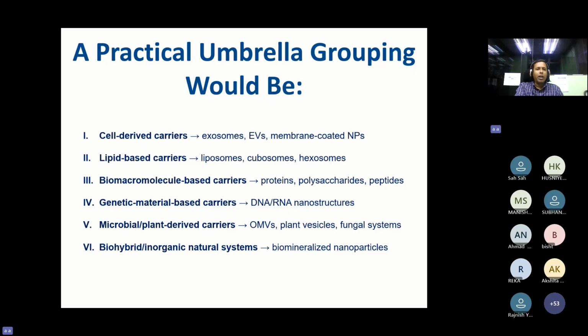Overall, we can make a practical umbrella to group all the nature's-based nanocarriers into six groups: cell-derived carriers, lipid-based carriers, bio-macromolecule-based carriers, genetic material-based carriers, microbial and plant-derived carriers, and biohybrid or inorganic natural system carriers.